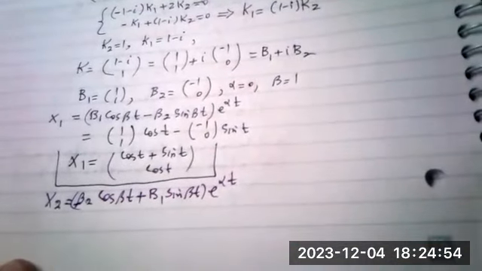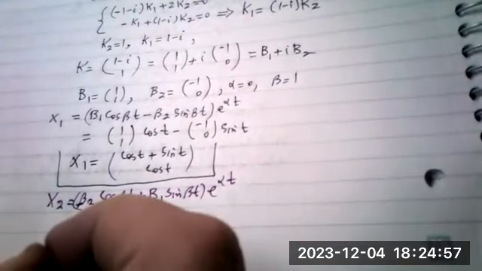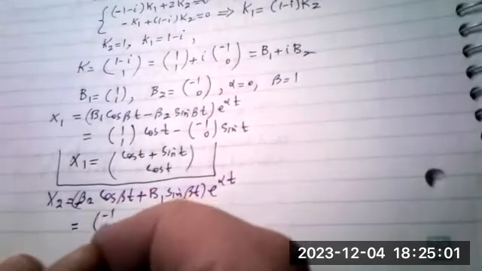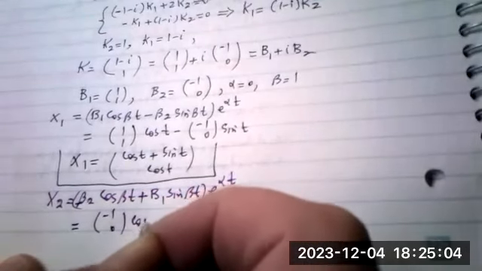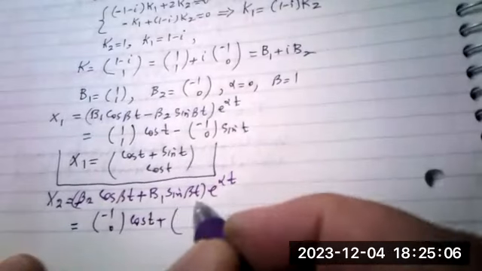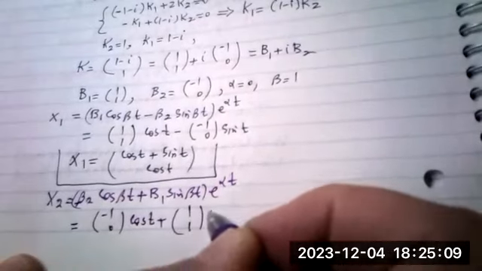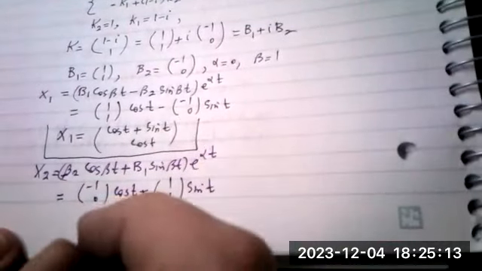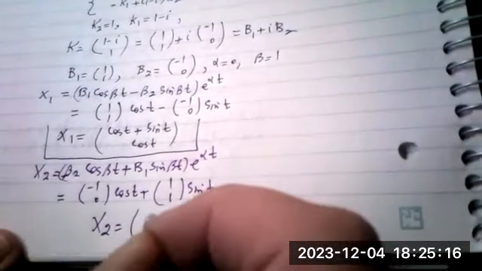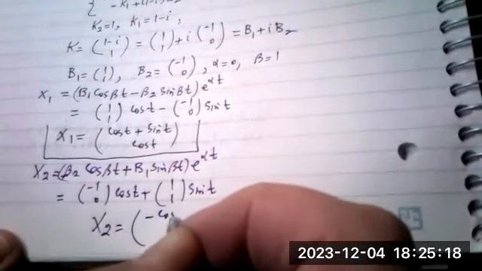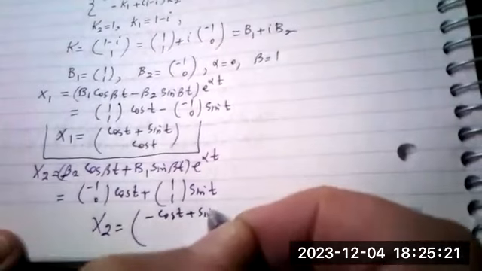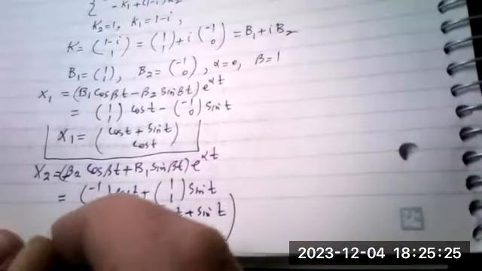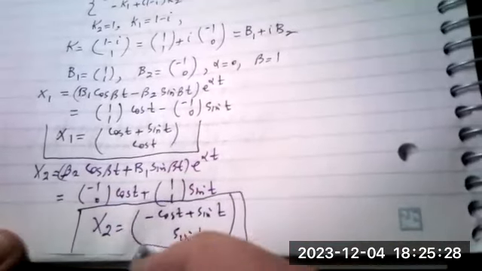If you substitute, B2 is negative 1, 0 times cosine of t, and B1 is 1, 1 times sine of t. Putting them together, x2 is negative cosine of t plus sine t, and sine t. So this is going to be x1 and x2.